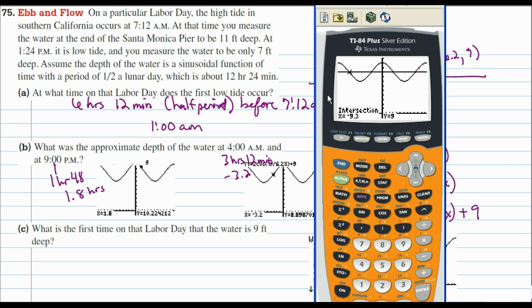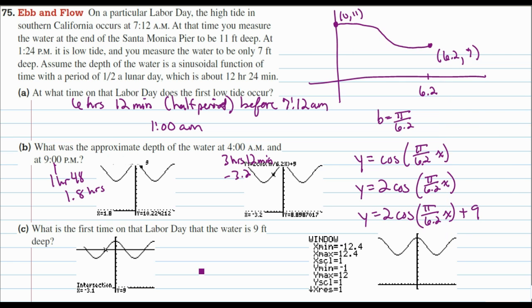Well, 9 hours and 3 minutes before 7:12 a.m. is actually the previous day. So now I need to look at this next intersection to find the first time on Labor Day that the height was 9 feet. So that's going to be 3.1 hours before 7:12 a.m. So that's going to be 4:06 a.m.